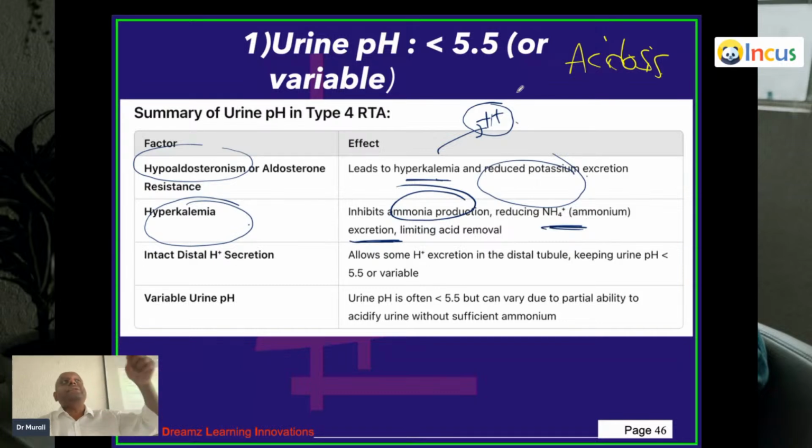So this ammonia production process, hyperkalemia inhibits. And what will happen? That limits the removal of acid.